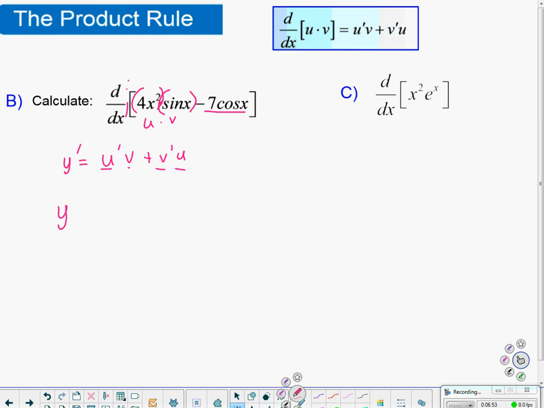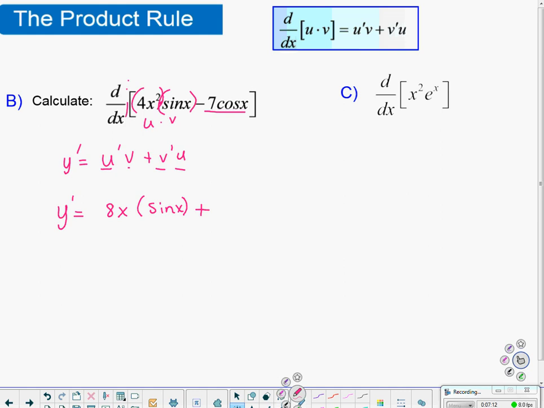Sometimes if you just get in the habit of saying it as you do it, I think it helps commit it to memory. All right, we are taking the derivative of 4x squared, which creates 8x, multiplied by the second, which is sine of x.